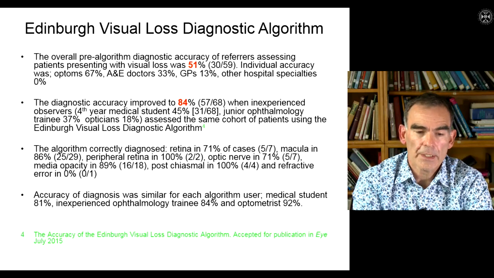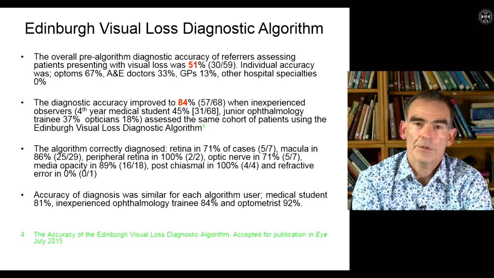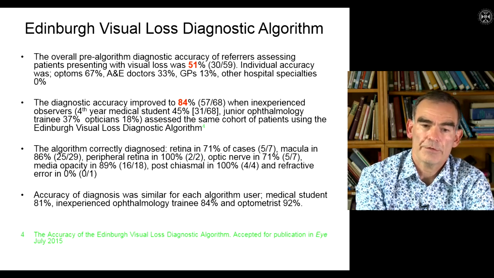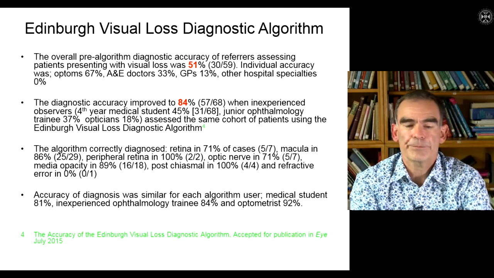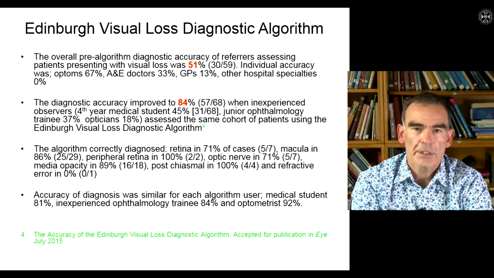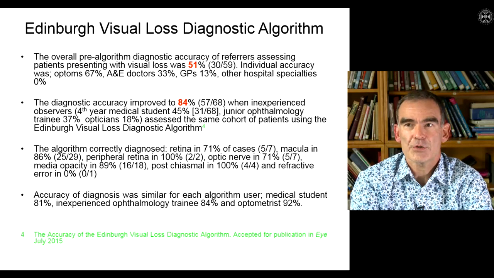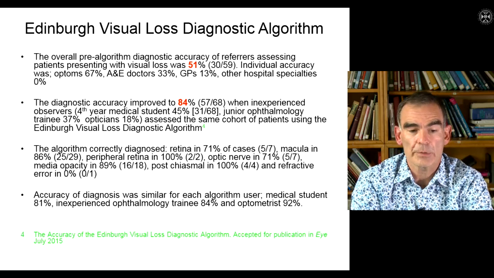So what would happen then, the patient would come in, be referred, we would see what the diagnosis of the referrer was, and then we'd have a variety of 3 types of person in LOT, the Lothian Optometry Teach and Treat. In LOT, we'd have a junior ophthalmologist that was ST2 or below.